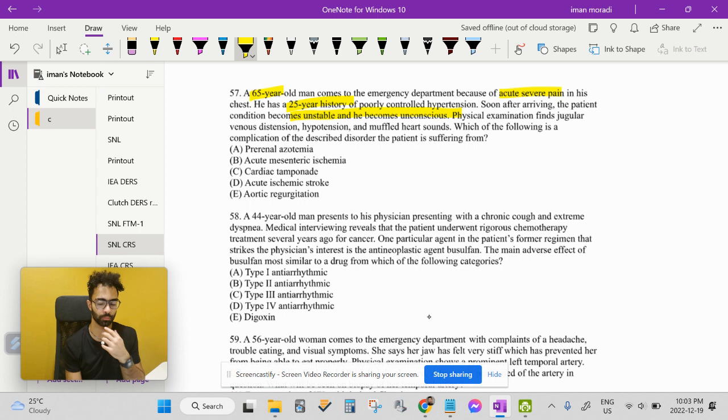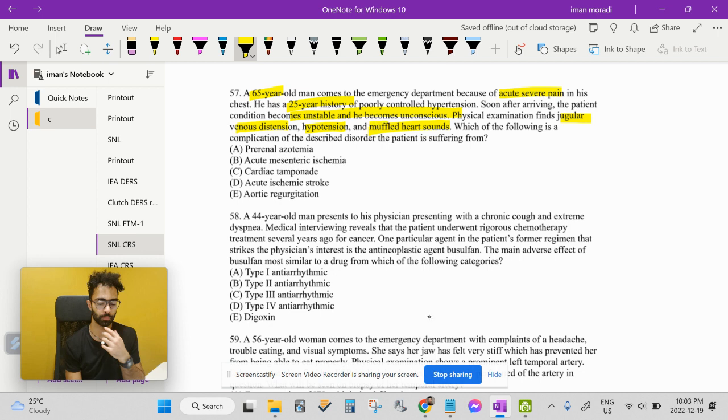There is jugular venous distension. What does jugular venous distension mean? It basically means your jugulars are distended. That means your heart isn't taking blood out of the vena cava fast enough, right? That means you have maybe a right-sided heart failure or maybe a tricuspid problem. This guy got hypotension and muffled heart sounds.